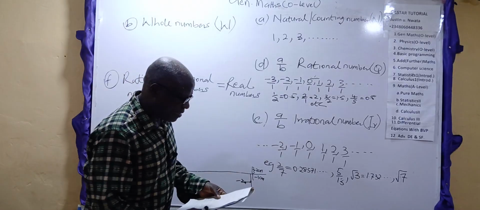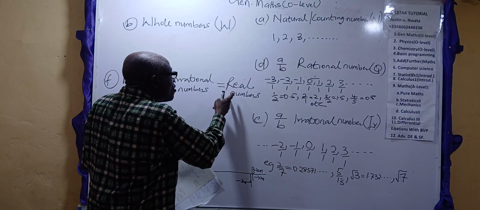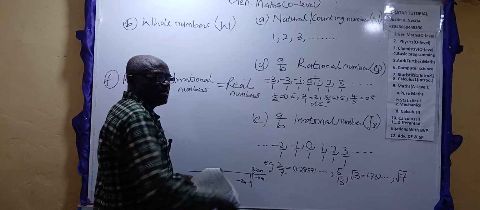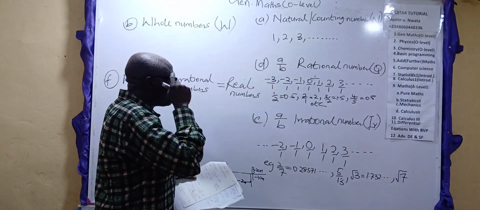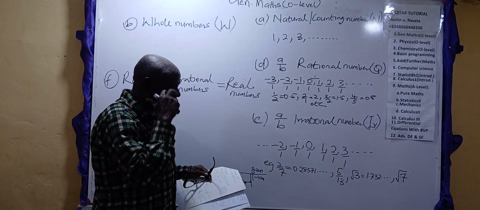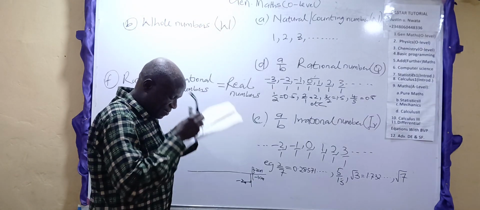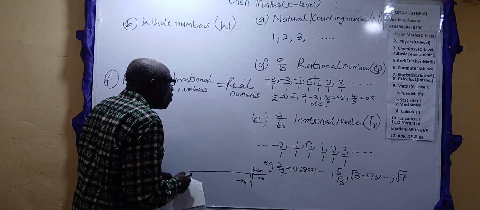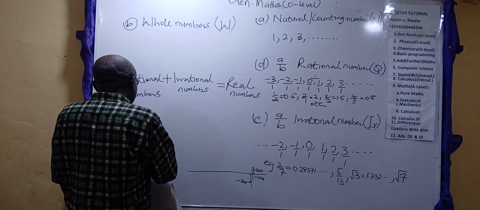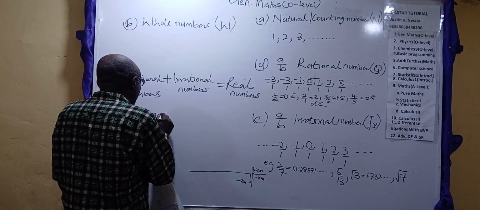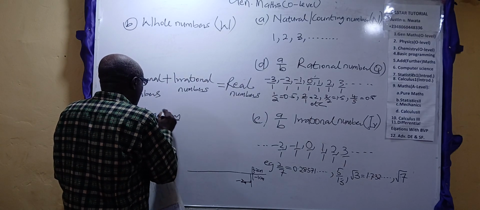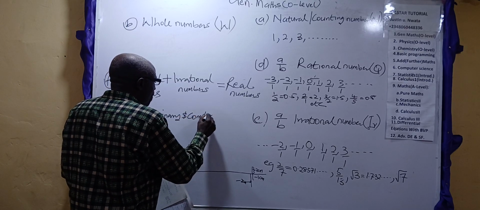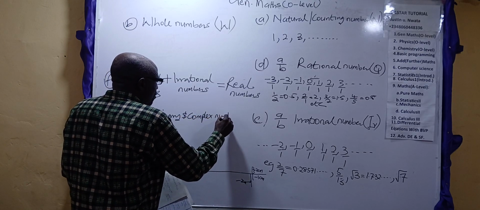Until it got to a time when they discovered that there is another group of numbers higher than this. These numbers are called complex numbers. We will come to the study of imaginary and complex numbers.